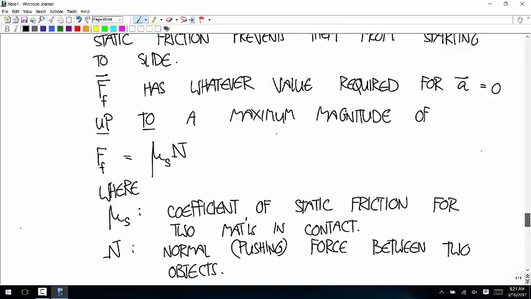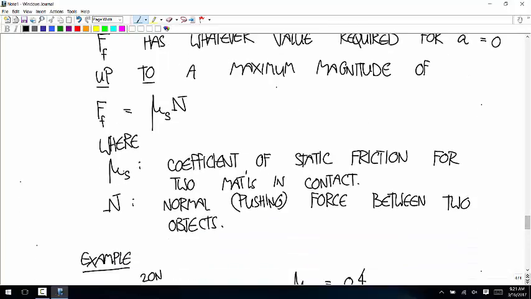Here, go back up to your notes for a second. This coefficient of static friction, let's think about the units for that. Look at this equation. It relates the force of friction to the pushing contact. What have to be the units of that coefficient based on this equation? Or lack of units?